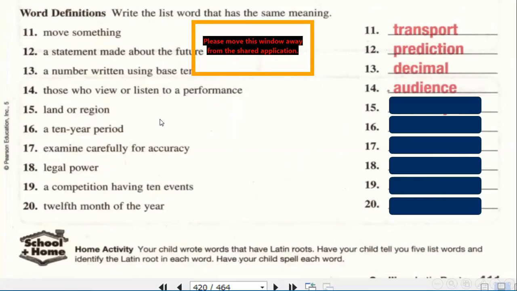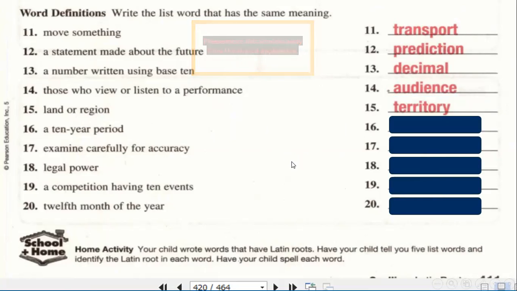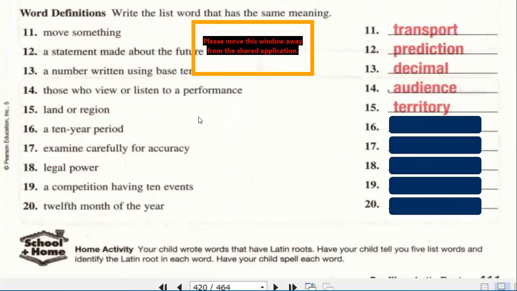Land origin. Abdullah, answer it. Territory. Sif Saud. A 10-year period. Can I answer?